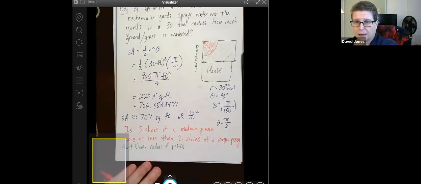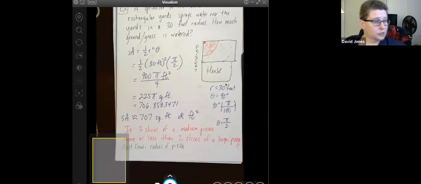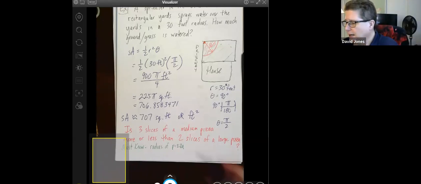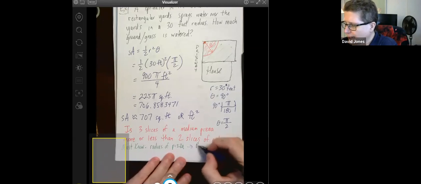Otherwise, a large 14-inch pizza would have a 12-inch radius, and I've never had a piece of pizza longer than my head. So pizza sizes are given in diameter.